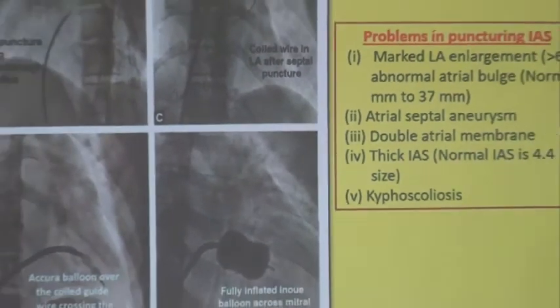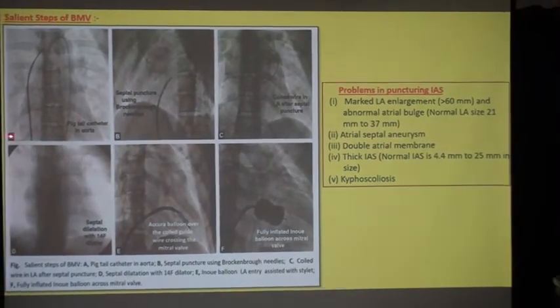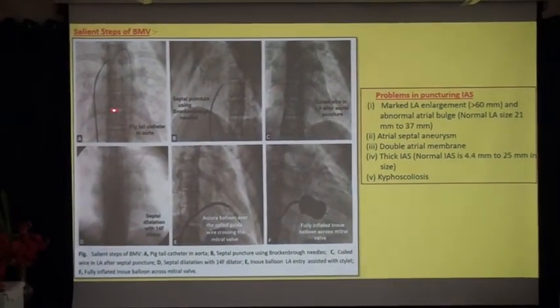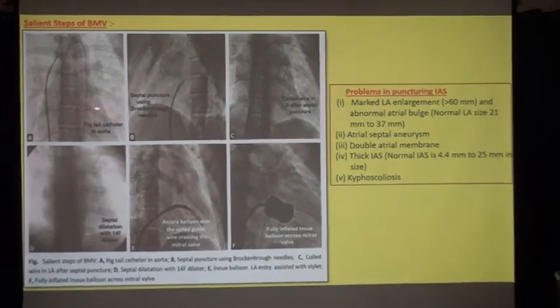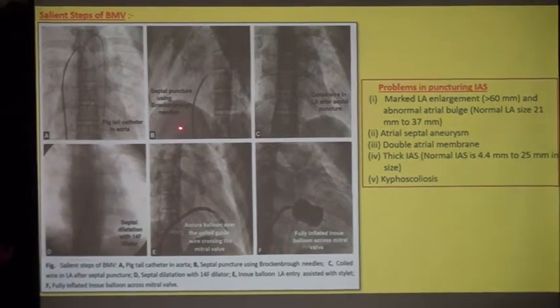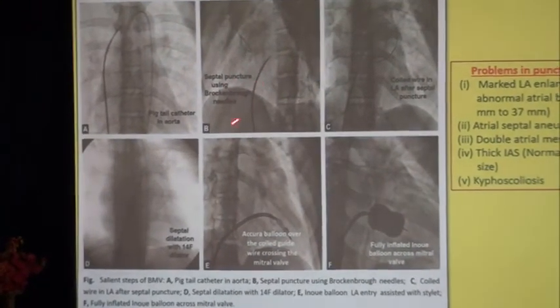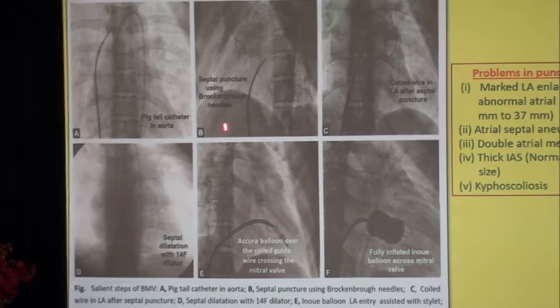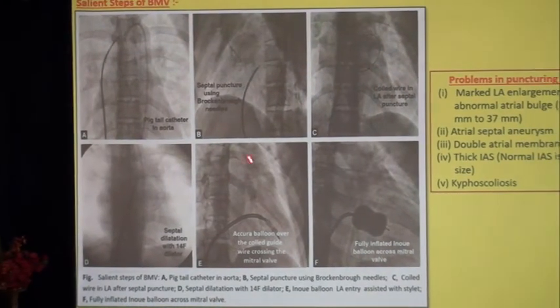So, here are the salient steps of balloon mitral valvuloplasty. You can see the pigtail catheter in the aorta. And septal puncture using Brockenbrough needle.